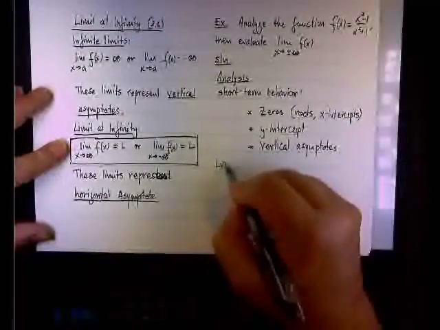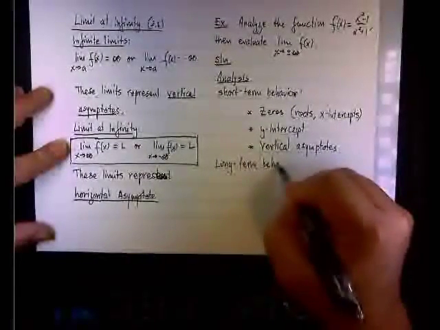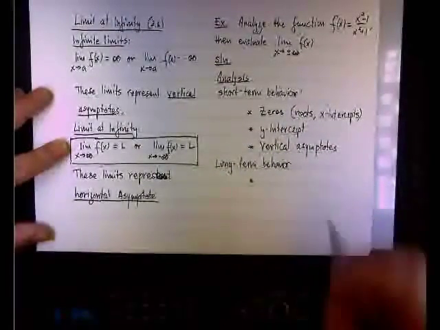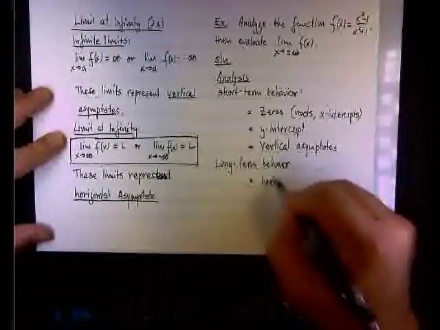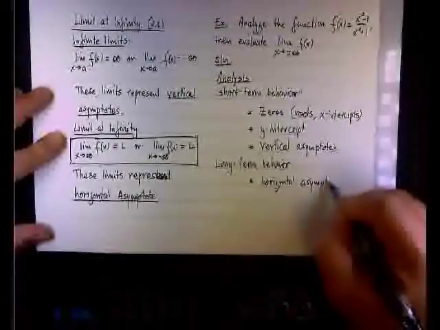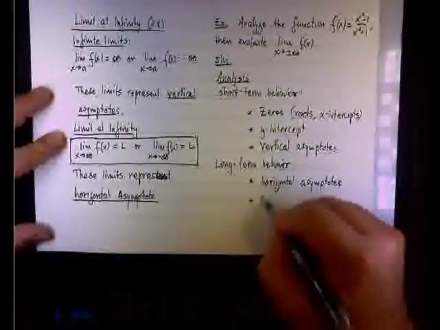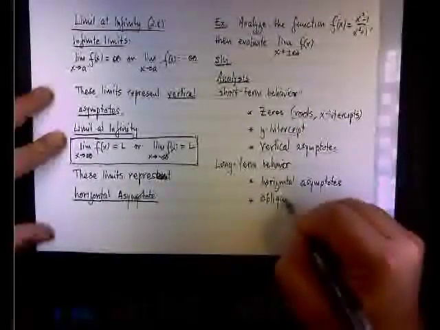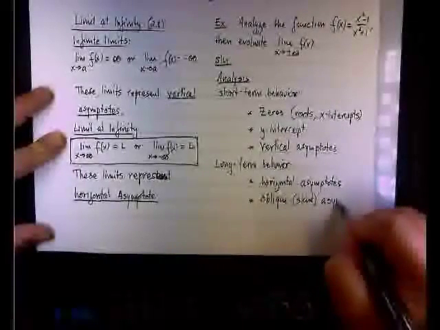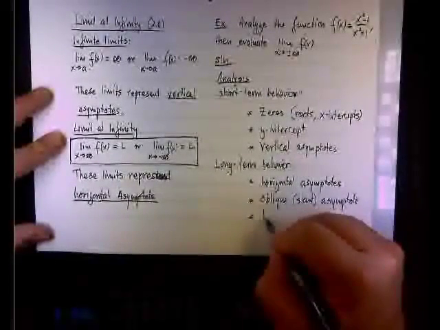Okay, when we're looking at long-term behavior, we're looking at the horizontal asymptote, and we're looking at the oblique or slant asymptote if there is one, or essentially we are looking at the limit at infinity.